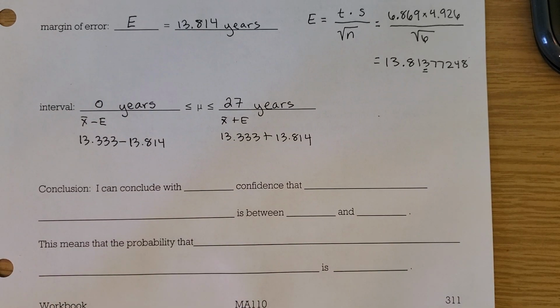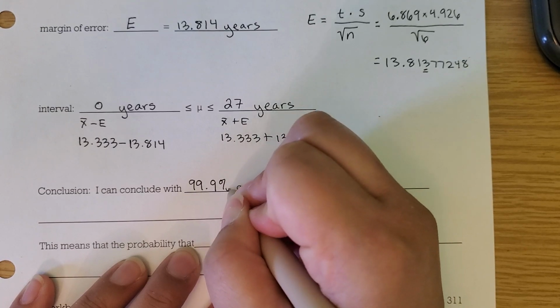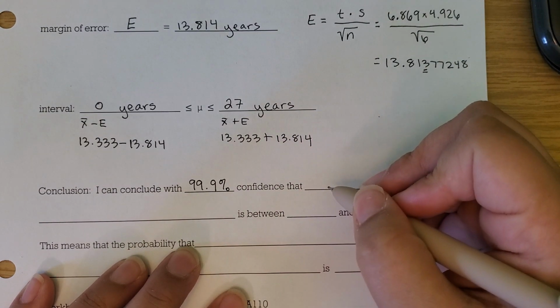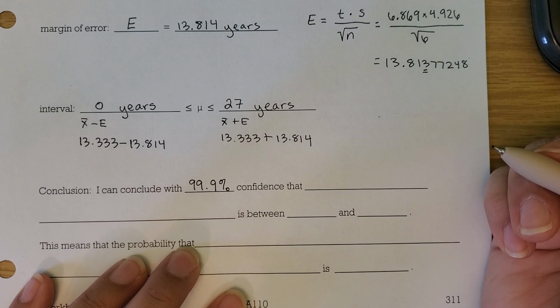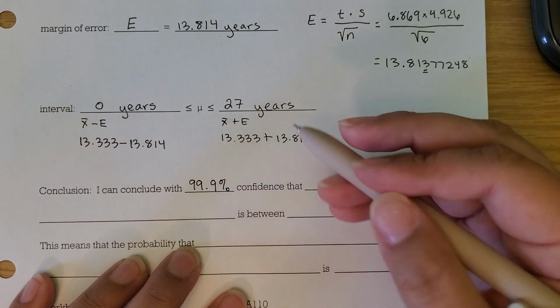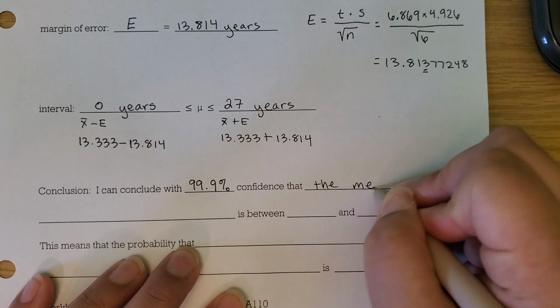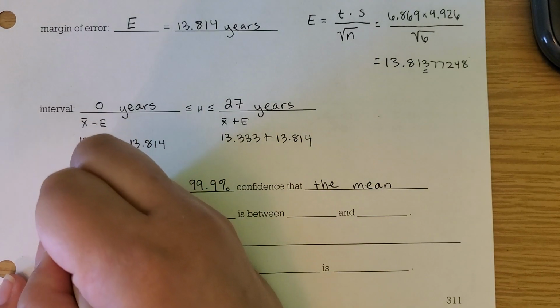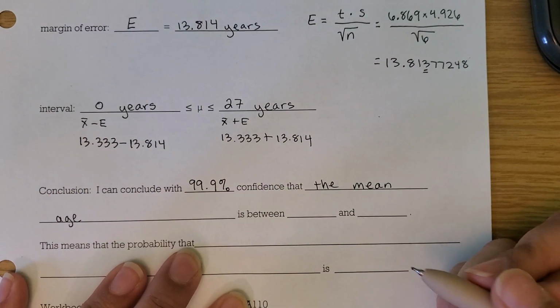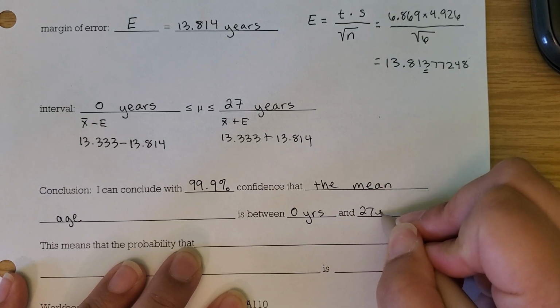So to summarize our findings here, we can conclude with 99.9% confidence that we don't know too much information about this, just that it's a sample of ages. So we have 99.9% confidence that the mean age is between 0 years and 27 years.